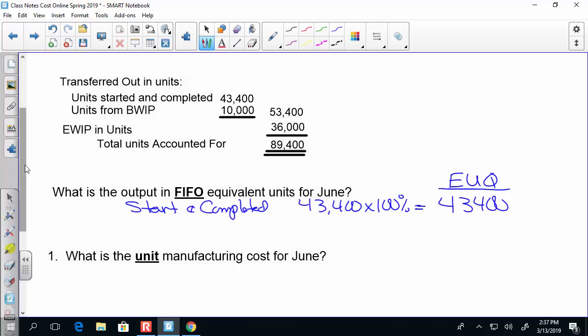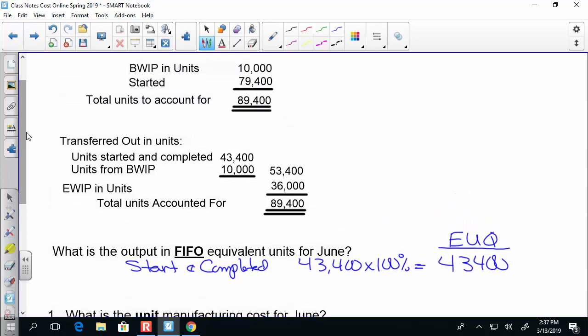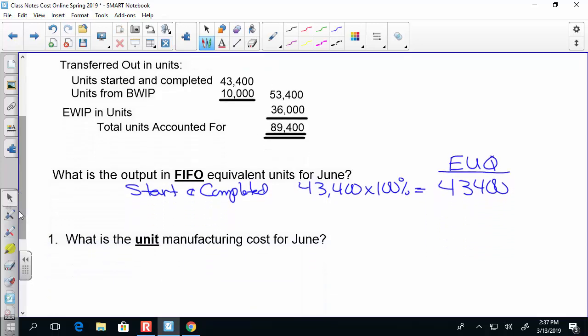So we need to determine of the 10,000 beginning units, they were 80% done. So when the month started, these were 80% done. So that means to finish these units required 20% more effort.